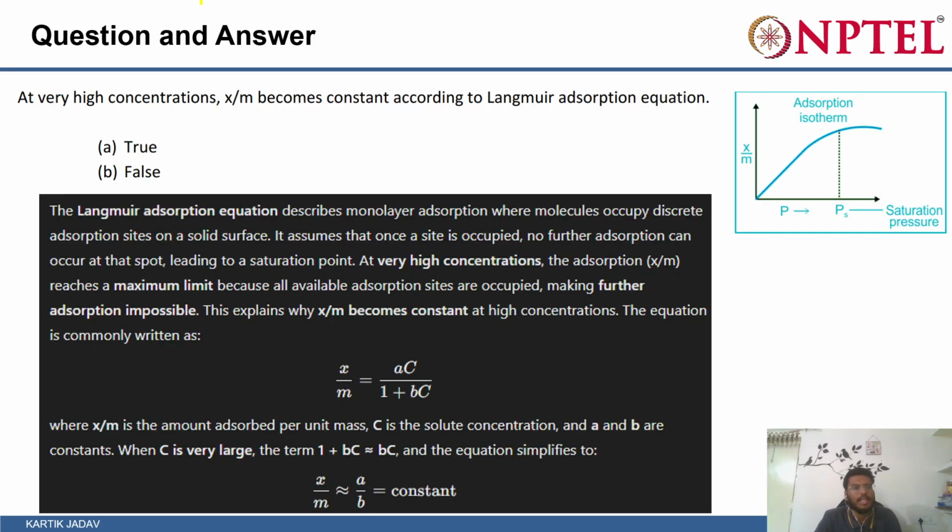At a very high concentration, X by M becomes constant according to the Langmuir adsorption equation. The Langmuir adsorption equation describes monolayer adsorption where molecules occupy discrete adsorption sites on a solid surface. It assumes that once a site is occupied, no further adsorption can occur at that spot, leading to a saturation point.